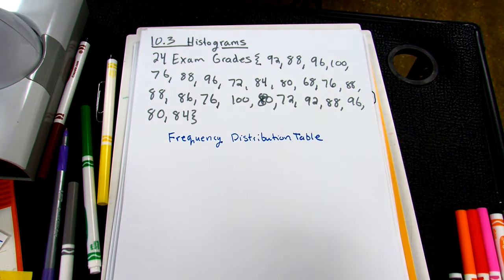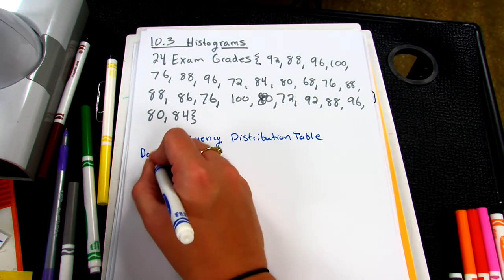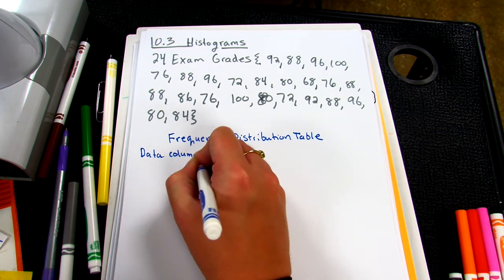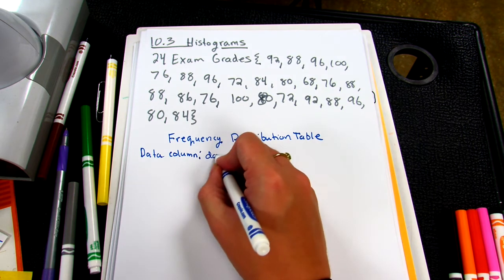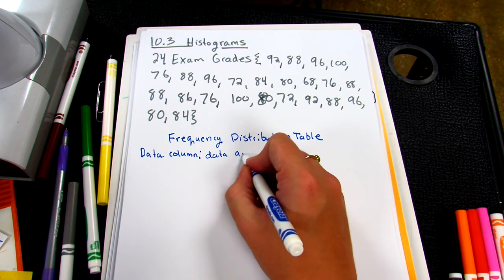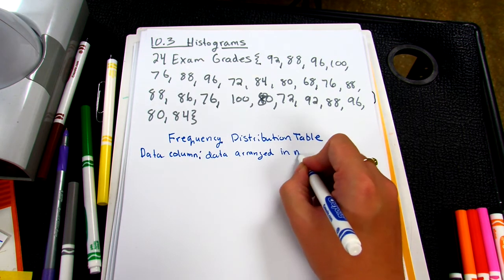Okay, and so the frequency distribution table has different columns. The first column is the data column. And that is just the data arranged in numerical order.